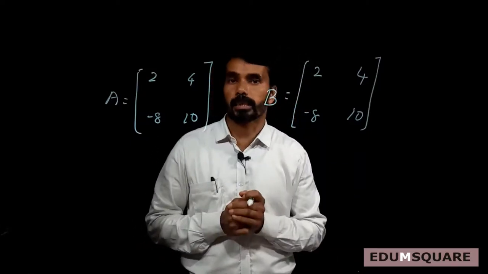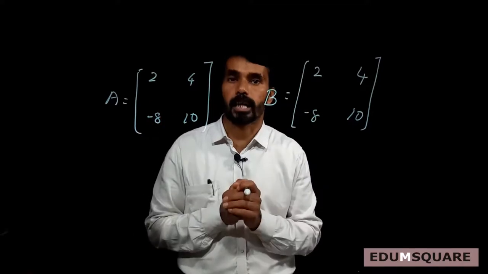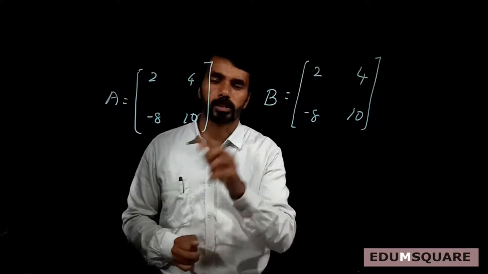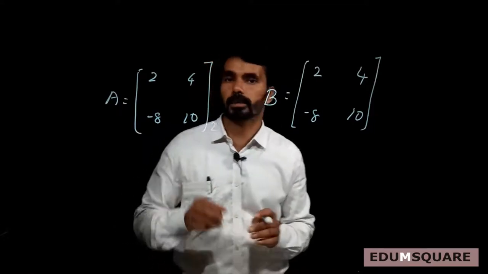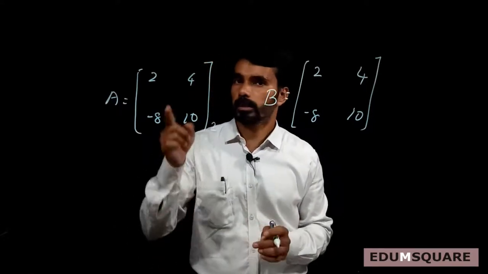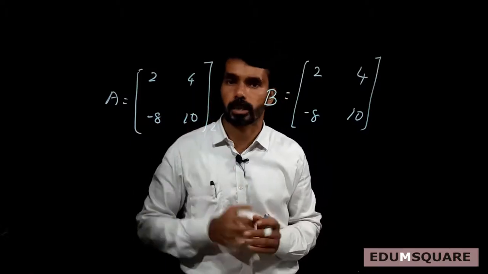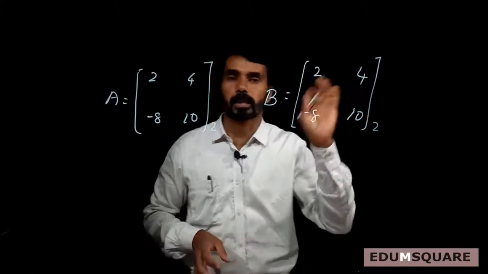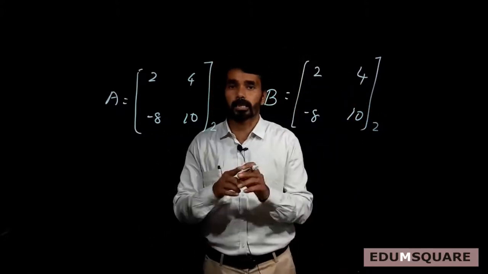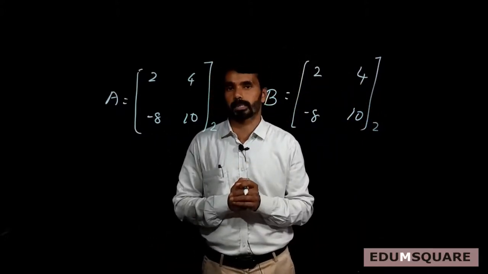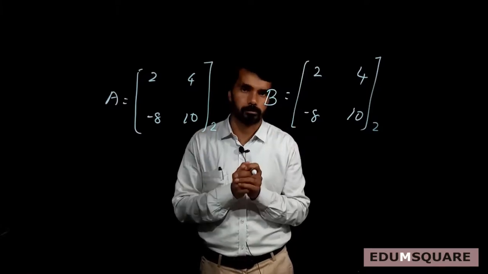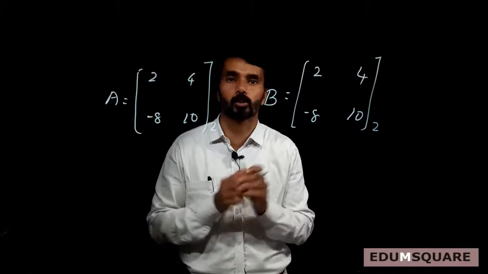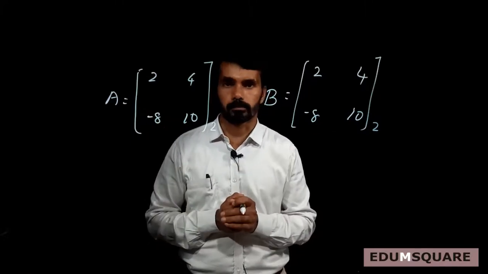Let us see that these two matrices have the same order. What is the order of this matrix? This is a 2 by 2 order matrix. The order of this matrix is also 2 by 2. That is, both of these matrices have the same order.